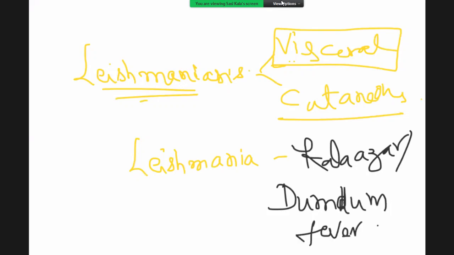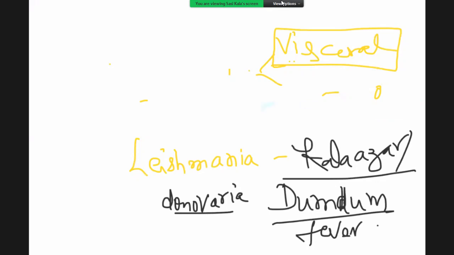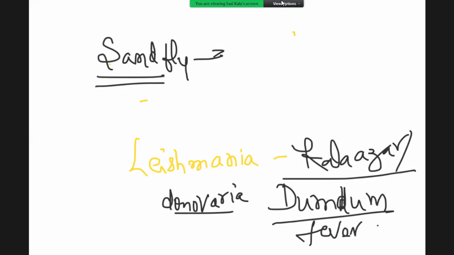This is caused by the parasite Leishmania donovani. This will multiply in our internal organs. It enters by the bite of an insect, the sand fly. Its life cycle occurs partly in the sand fly and partly in human.